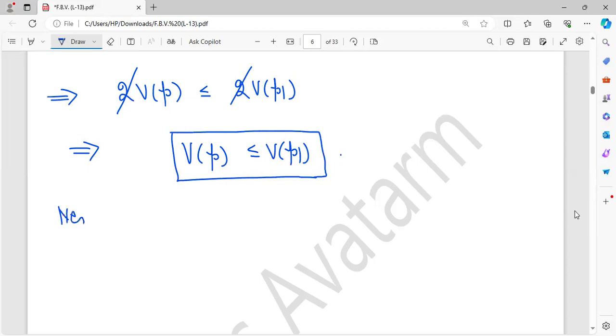Next, what is Q(x)? Q is 1 by 2 (Vf minus f).